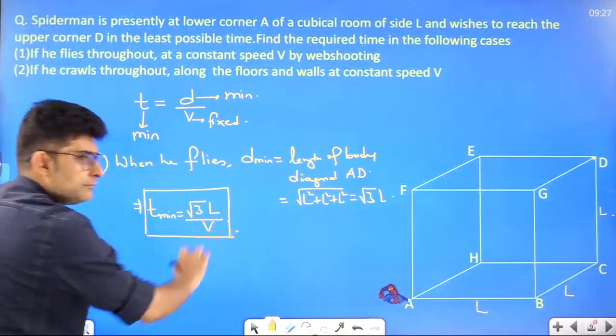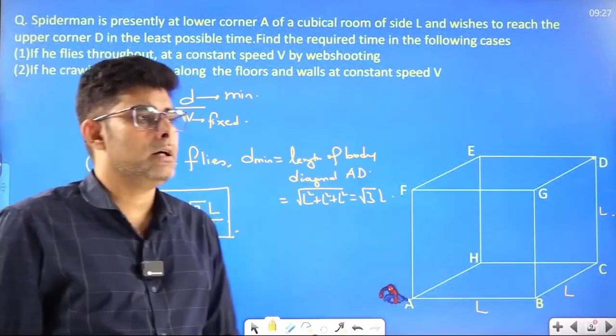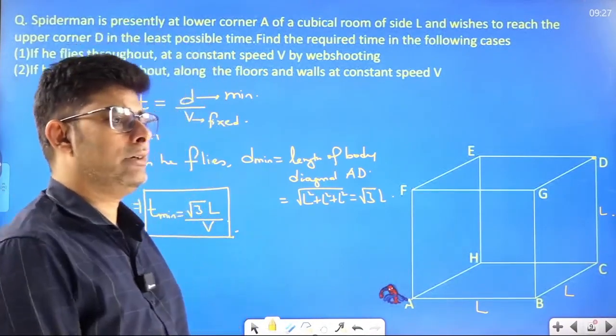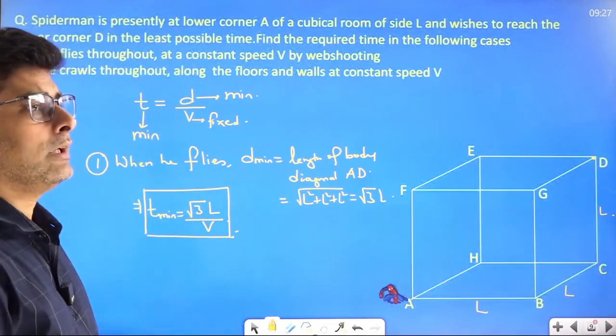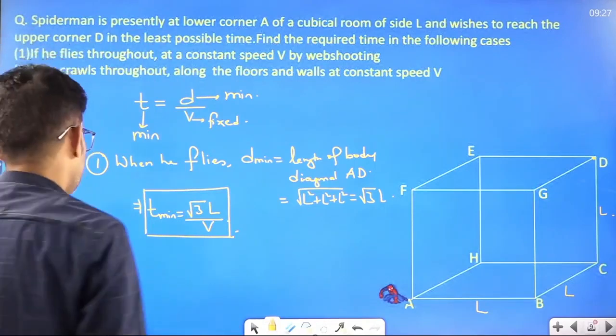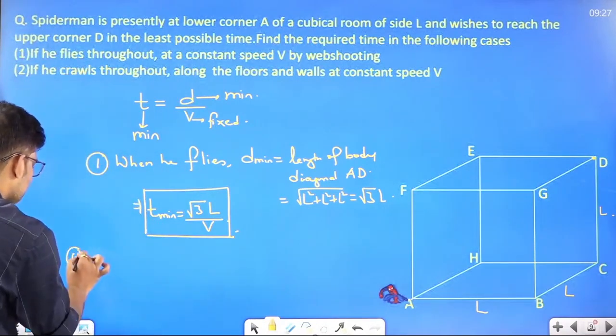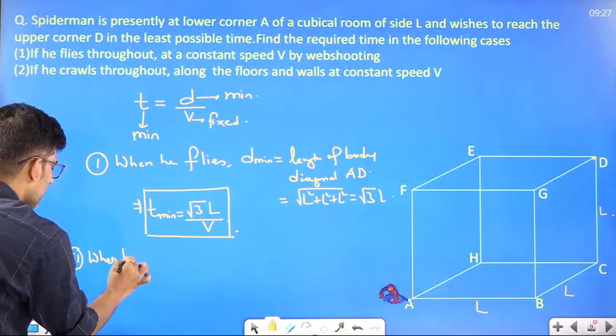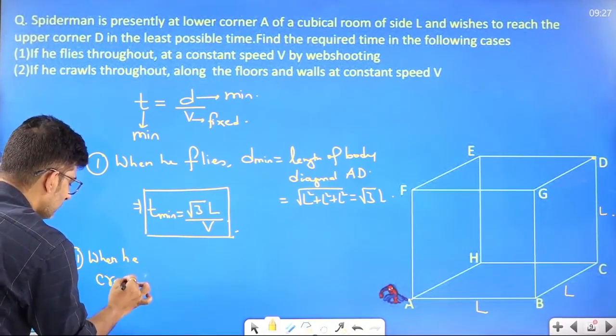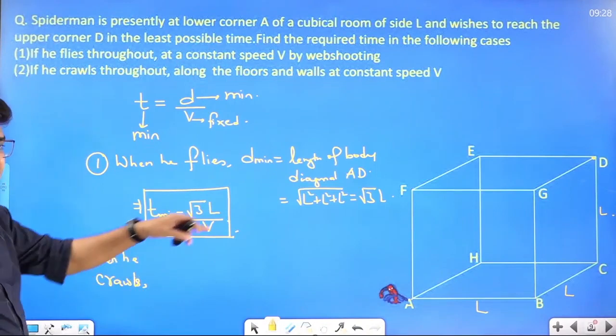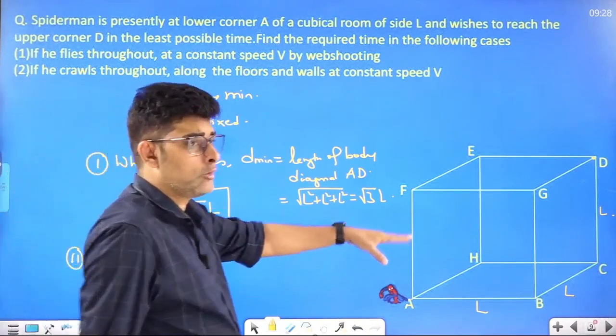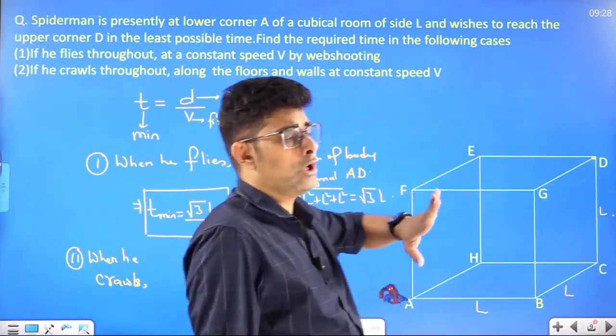Very simple. Now comes the second case. Yes, the first case is correct. Now comes the second case, when he crawls. Now if he is crawling, he can crawl on the floor and he can crawl on the wall also.